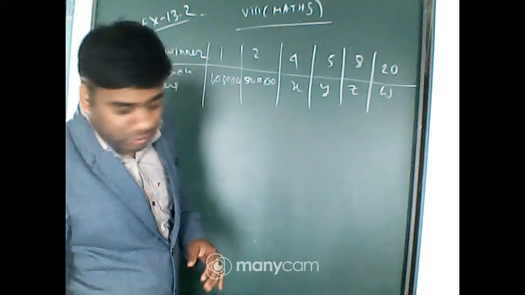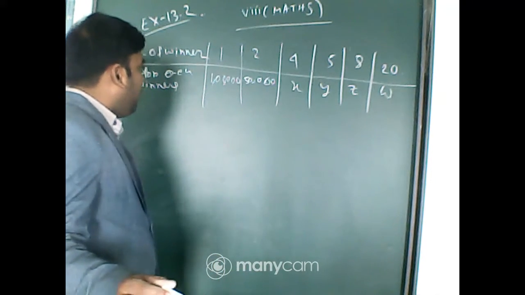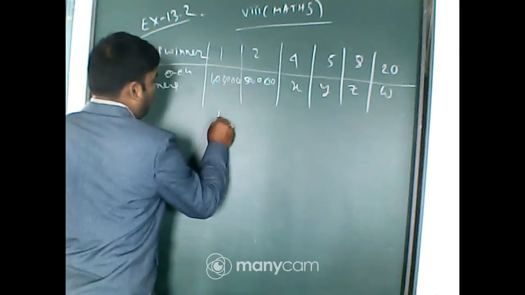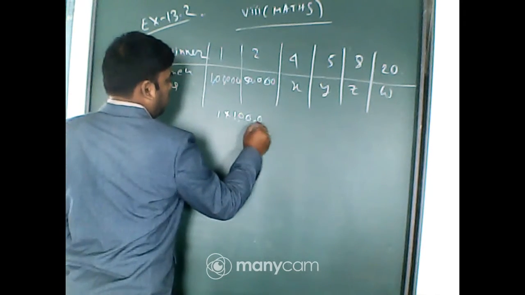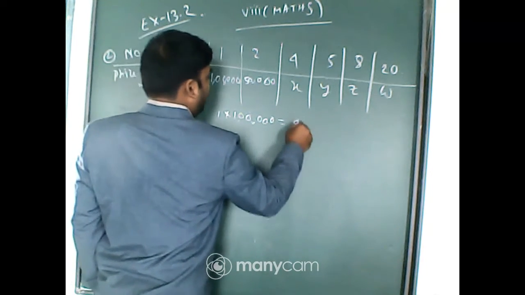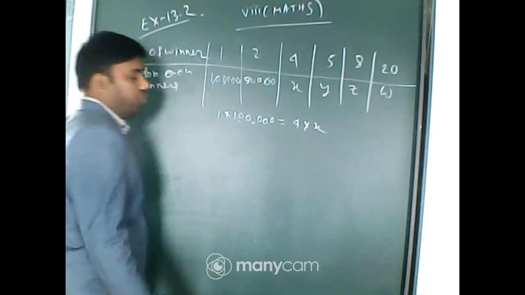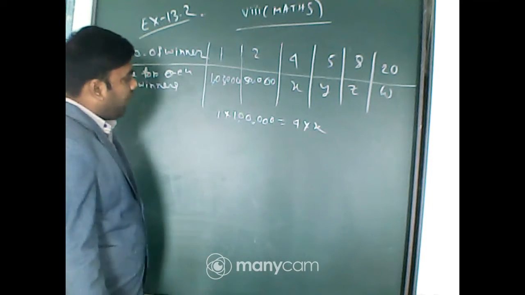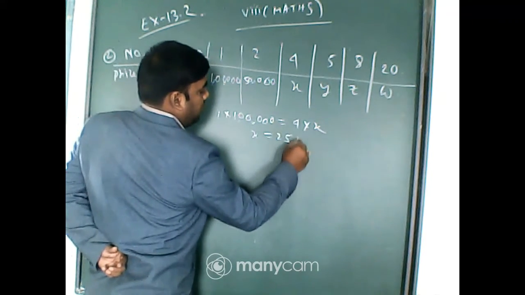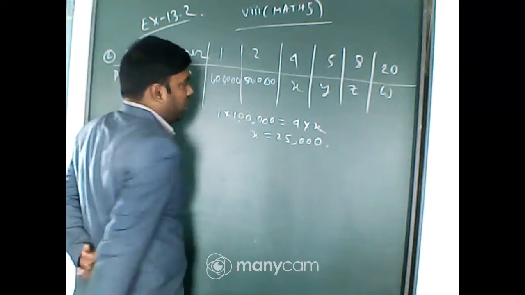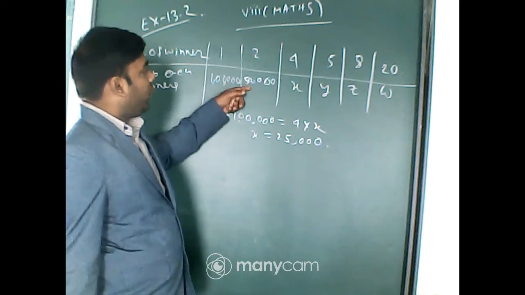So inverse proportion, students, we have learned that 1 into 1 lakh equal to 4 into x. So calculate the value of x. It will be 25,000. x1 y1 is equal to x2 y2 equal to x3 y3.